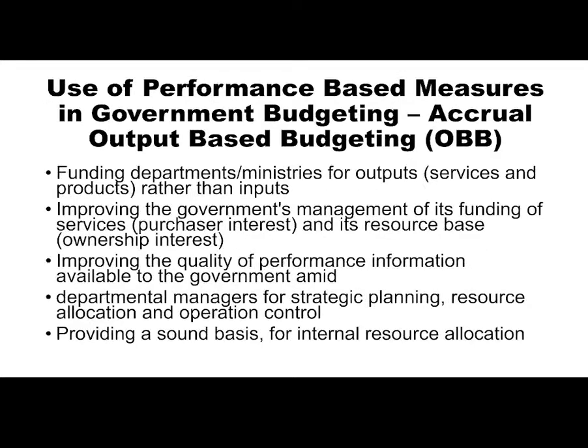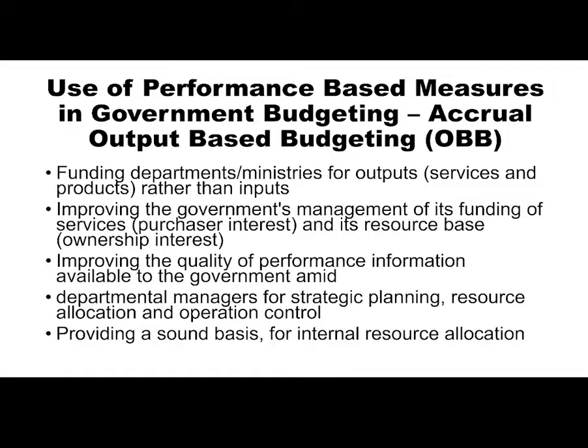So we are going to look now at the use of performance-based measures in government budgeting. Mostly they use the accrual output-based budgeting, the OBB. So what are these uses? First, it funds departments or ministries for outputs, the services and products, rather than inputs.